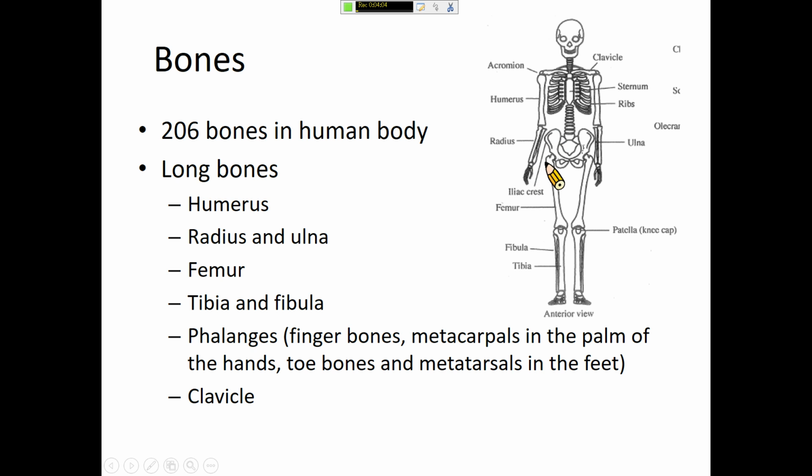So if you look at this skeleton here, humerus for the upper arm, and this for the lower arm. There's one radius and another one ulna. And it is very interesting that we need two here in order to make this motion, to turn.